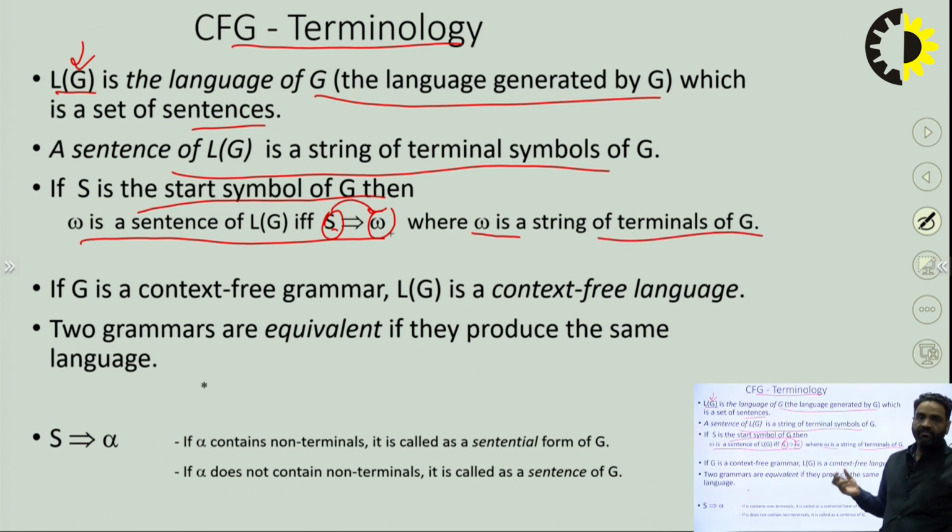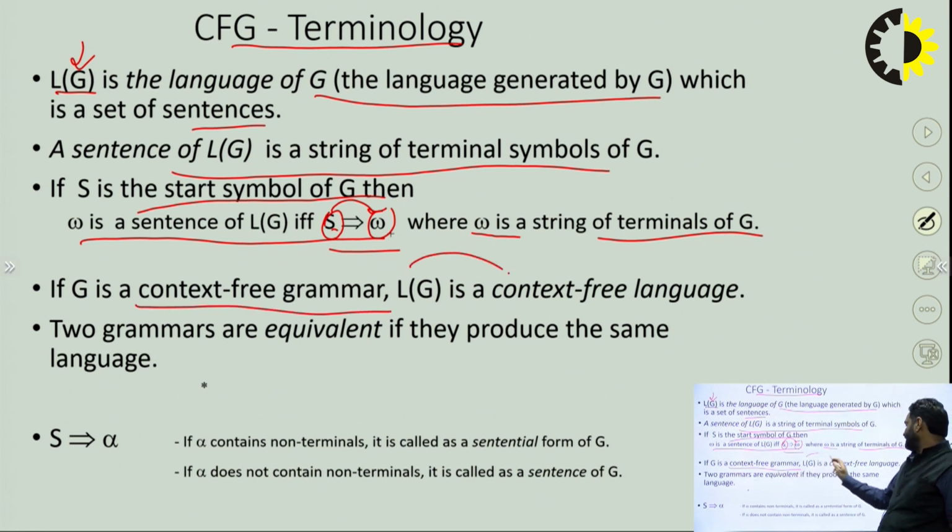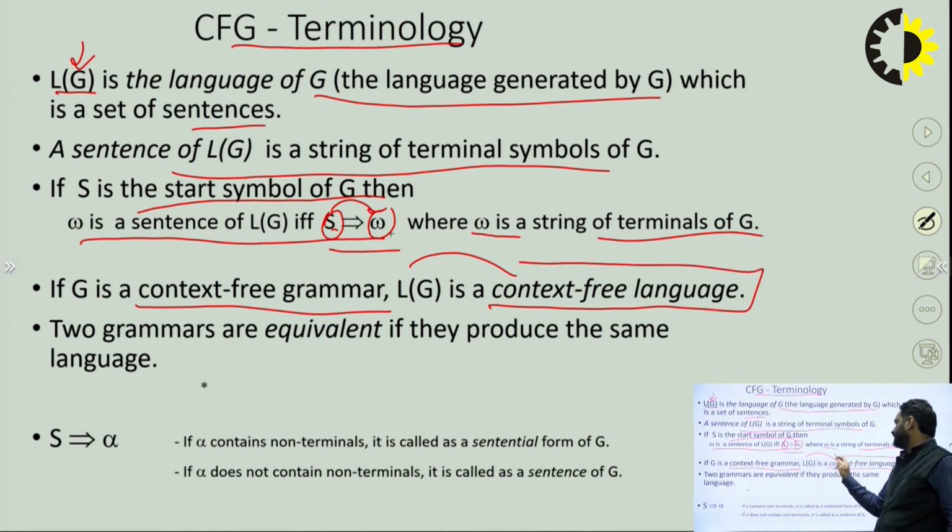If we find any string, a collection of terminal symbols, that we derive after applying valid production rules of the given CFG, then we can say it is a sentence of the language specified by the CFG. G is a context-free grammar and L(G) is the context-free language. So the language supported by a context-free grammar is known as a context-free language.